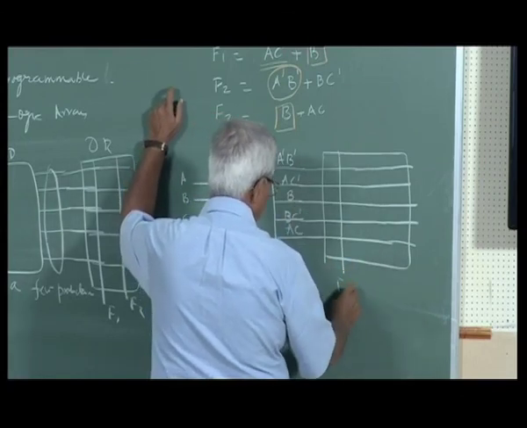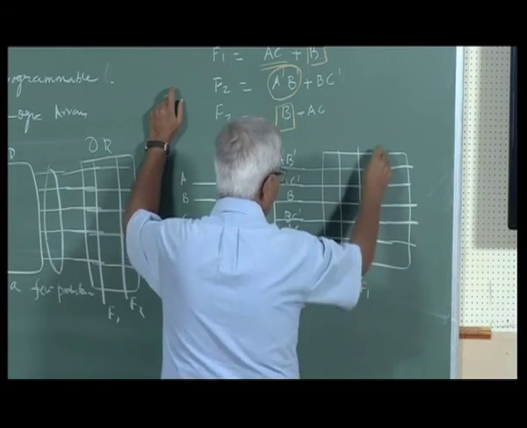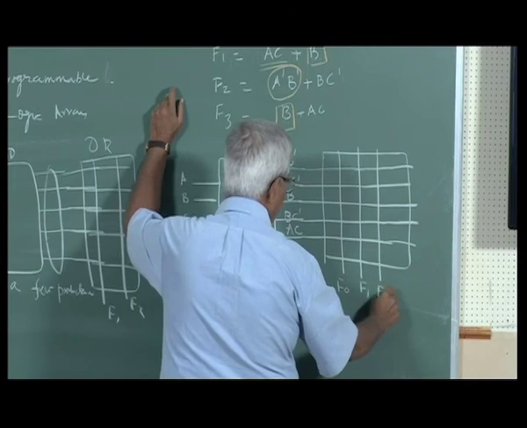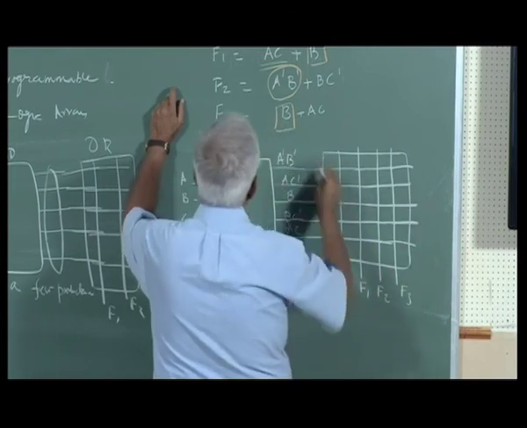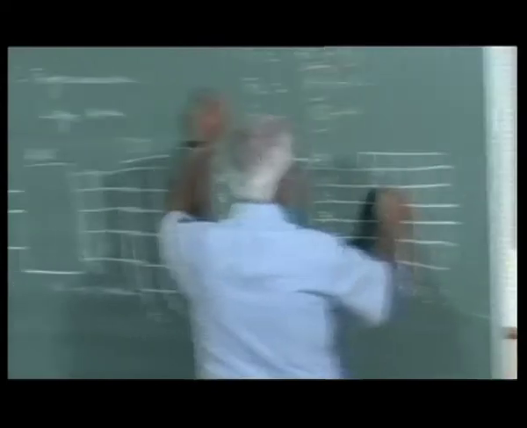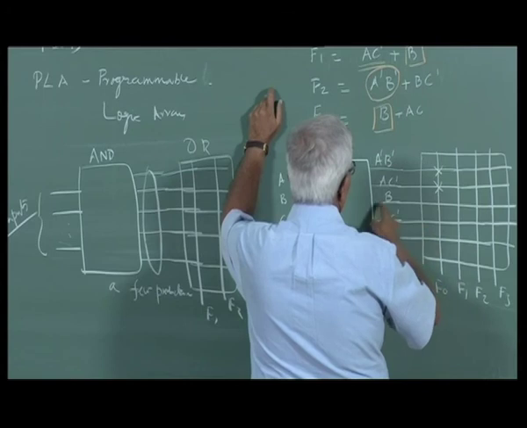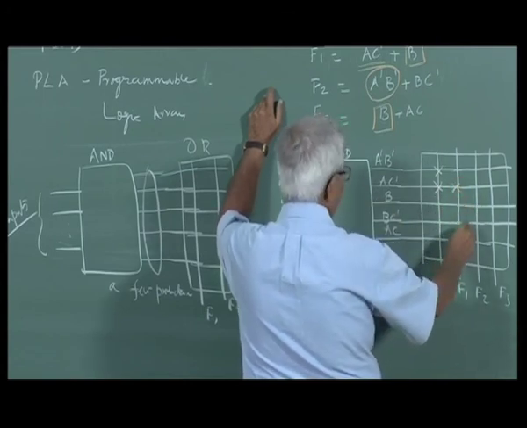F0, F1, F2, F3. F0 is a bar b bar, a c bar. F1 is a c bar, b.